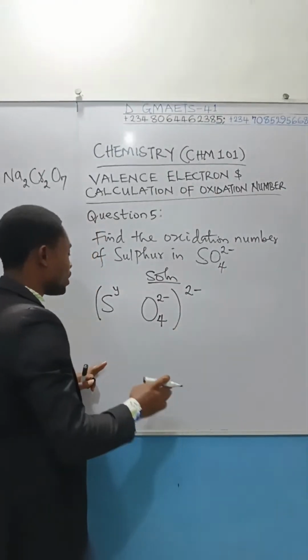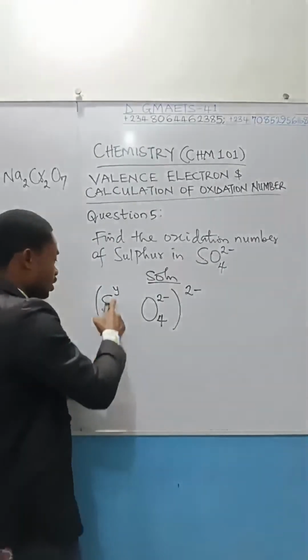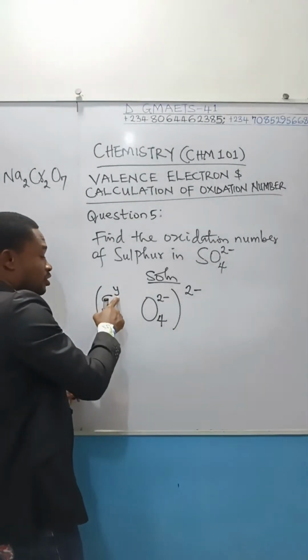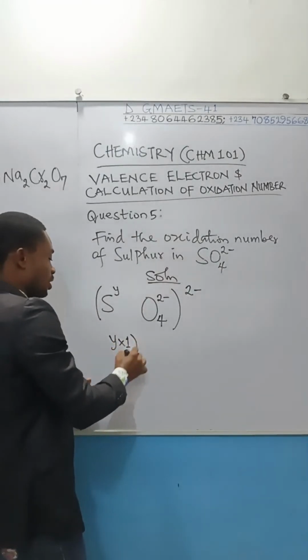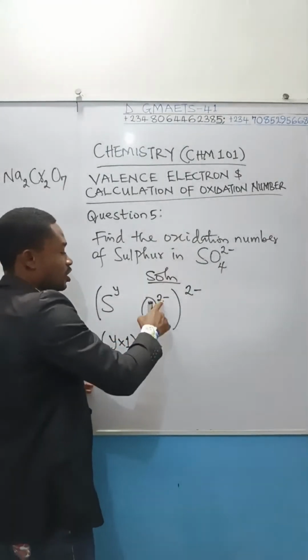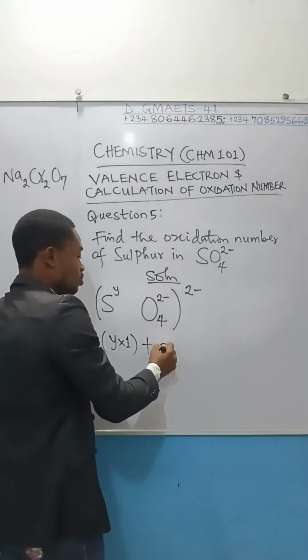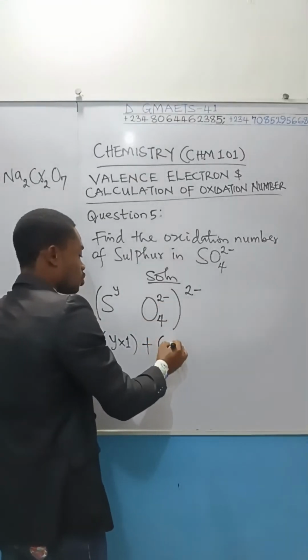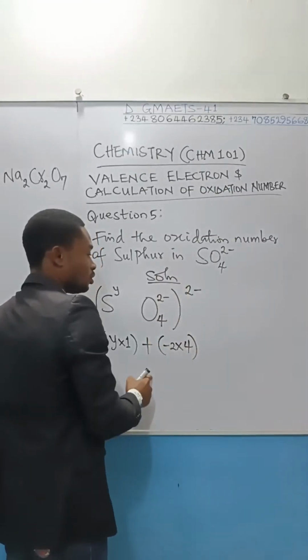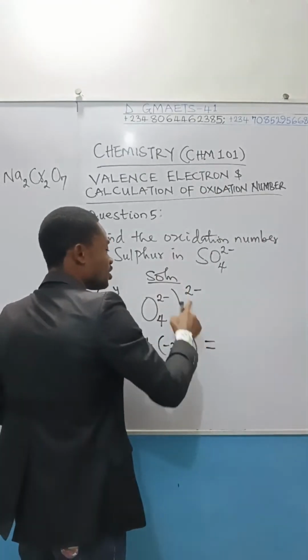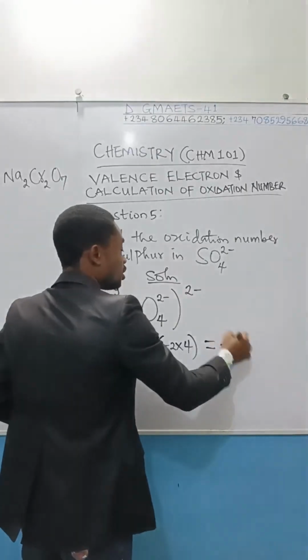Then from here, we now apply our usual formula. Oxidation number of sulfur, which we do not know, multiplied by the atomicity, which is 1 in this compound, add it to the oxidation number of oxygen here, which is -2, multiplied by the atomicity of oxygen in the ion. Then equate everything to the ionic charge, and the ionic charge is -2.